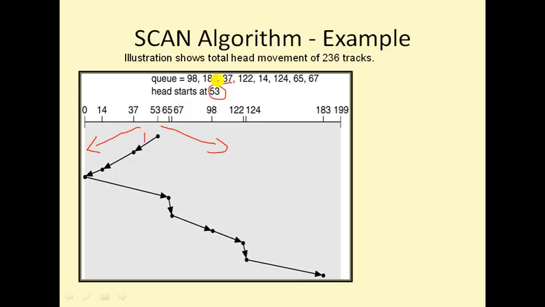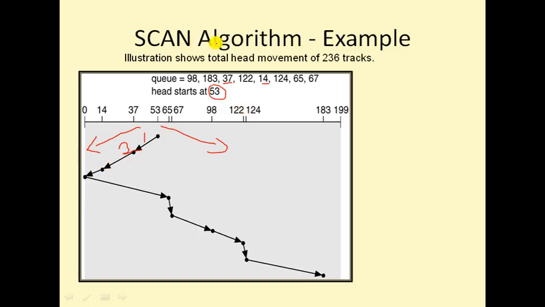From 37, is there any other track number available? 14. So from 37 to 14, this is my second move. From 14 towards the left side, is there any track number available? No. In general, from 14 you would come back.